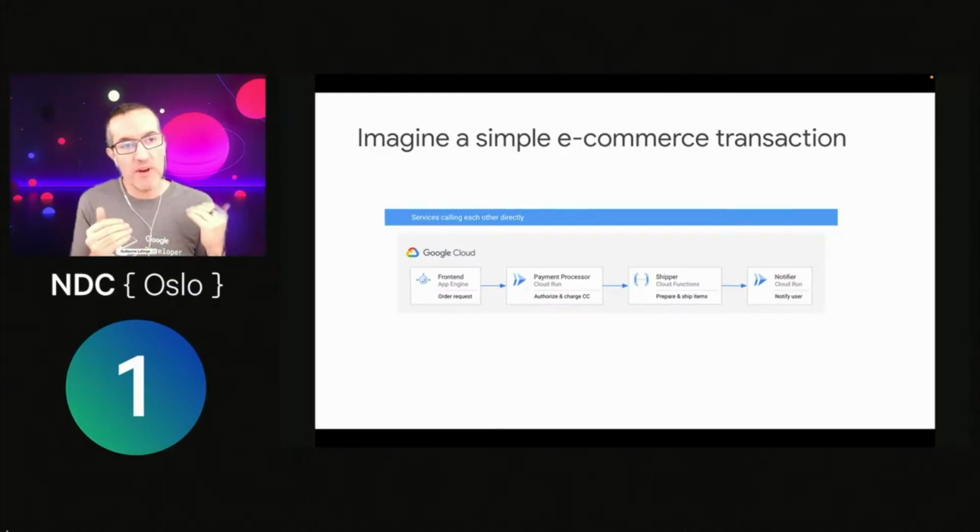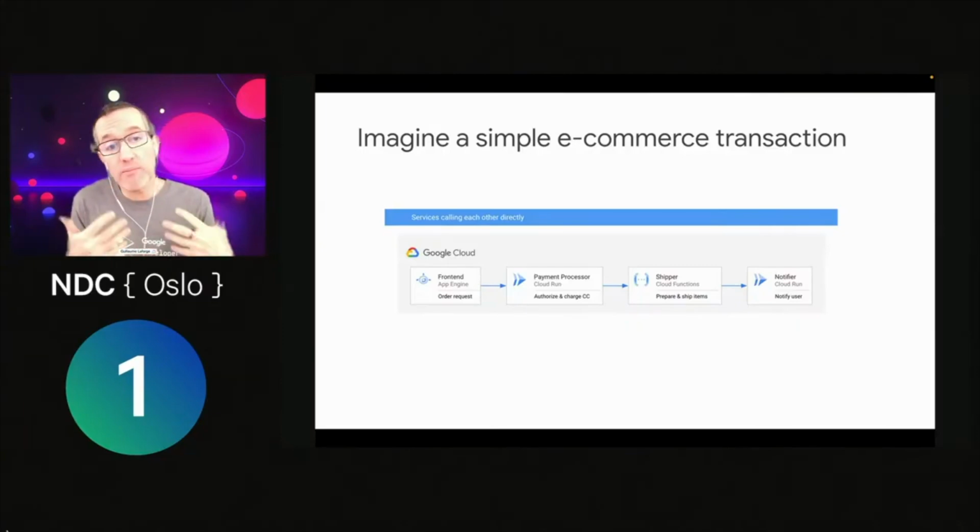We have a second service that's a payment processor to authorize and charge a credit card. Then we have a shipper service that's going to prepare and ship the items, as well as a notification service that is going to notify users whether the transaction was successful, whether the parcels will be delivered to their address, etc.